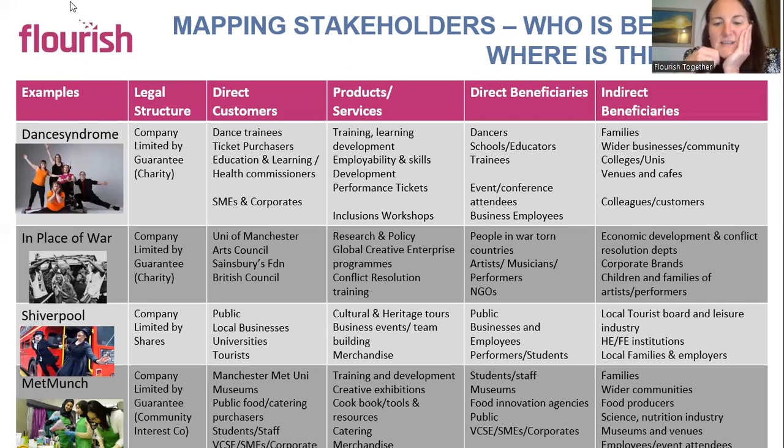They are similar to the direct beneficiaries, but there's a slight tweak there on other stakeholders buying in, and benefiting or experiencing the training and development, creative exhibitions, the cookbooks and other tools and resources that they share online around food and recipes and being more nutritious and being more plant-based in your eating habits, and purchasing catering and merchandise. So these are the sorts of things that the beneficiaries and customers are benefiting from. Indirectly, again, similar set of folks.